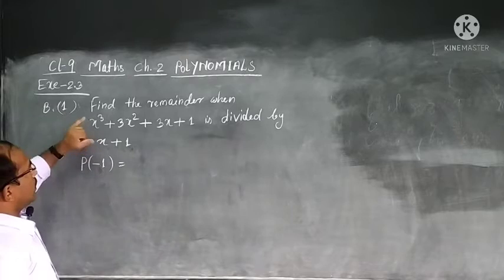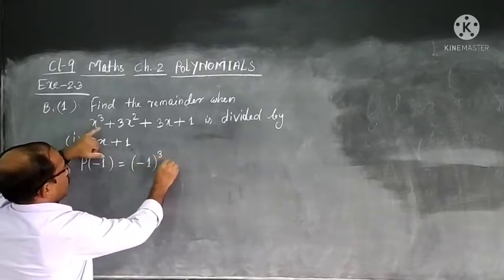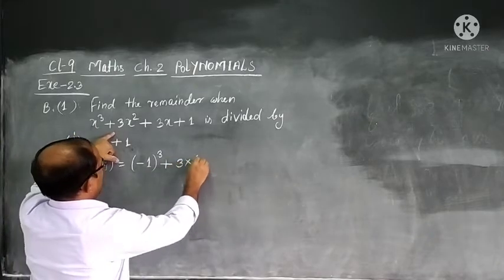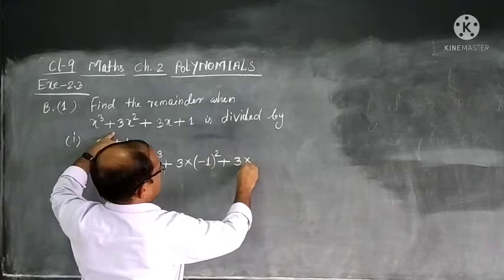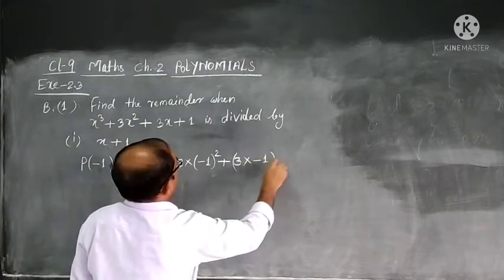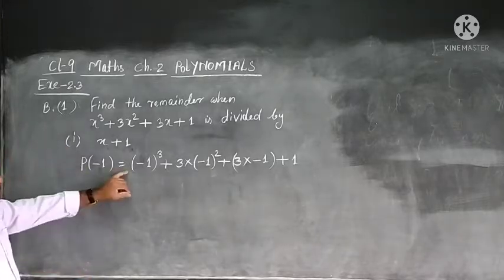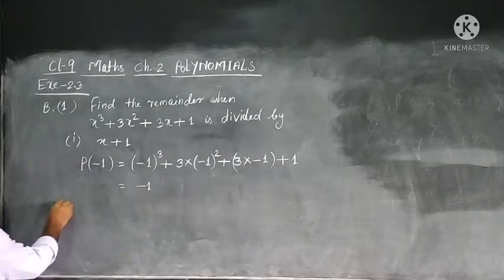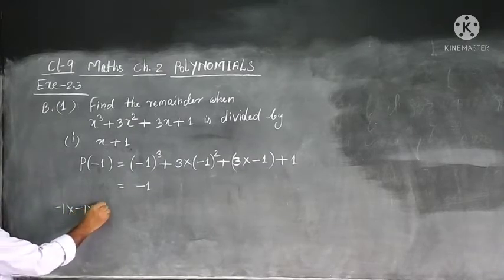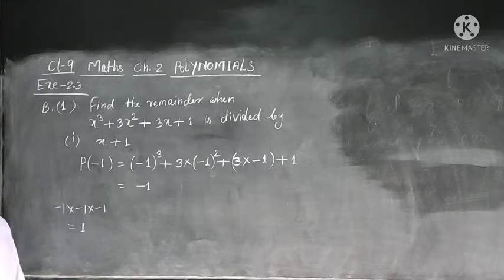Let us start. In place of x, we use minus 1: minus 1 cube plus 3 into minus 1 square plus 3 into minus 1, and plus 1. We get minus 1 cube: minus 1 into minus 1 into minus 1, which is minus 1.